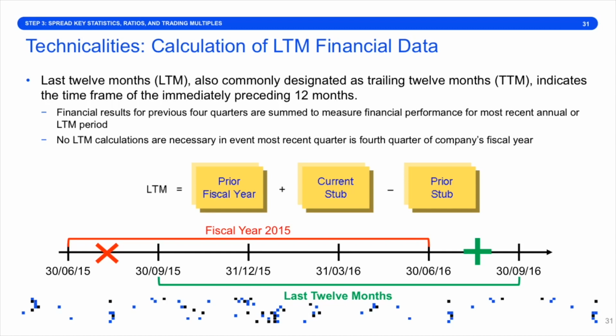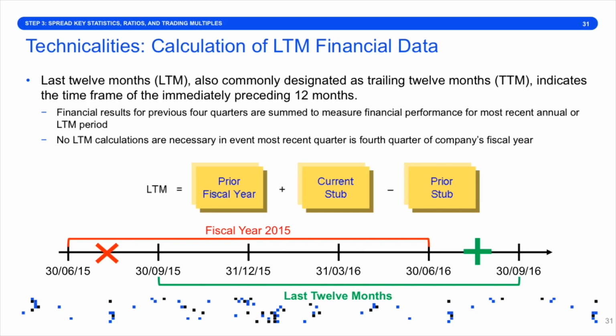We throw away the sales of the first 3 months, the so-called prior stub, and we add the sales of the last 3 months that are already available because the company has released a quarterly report. Okay? So this is a trick to build the LTM income statement.